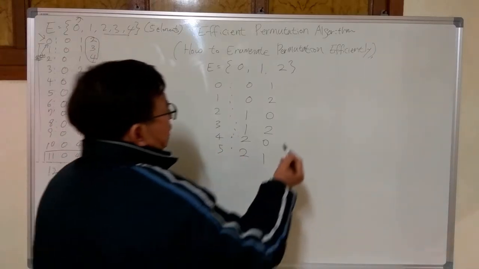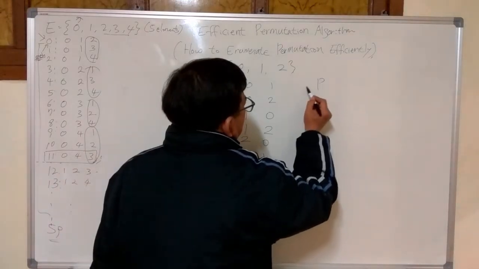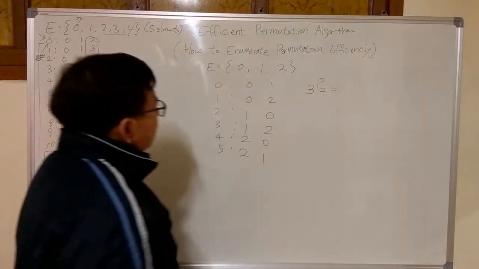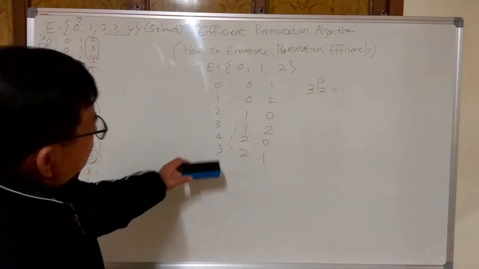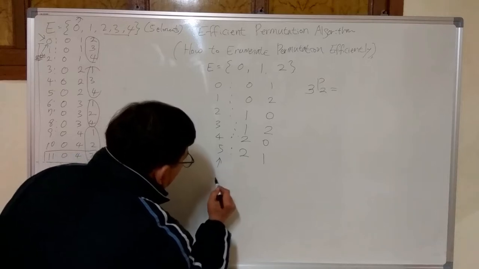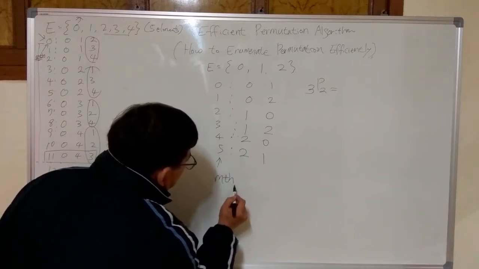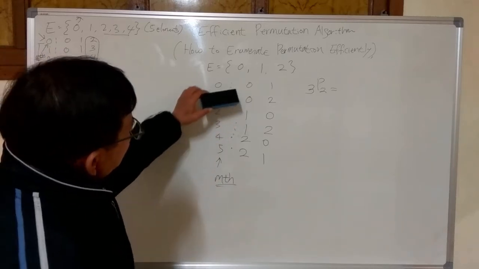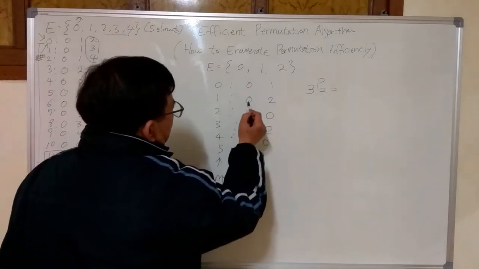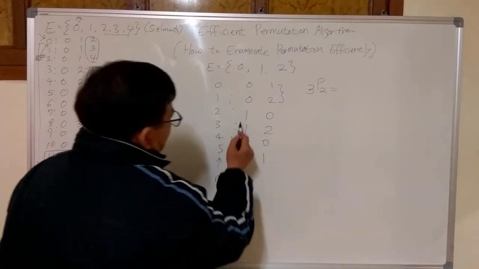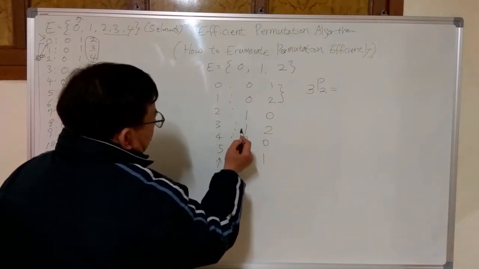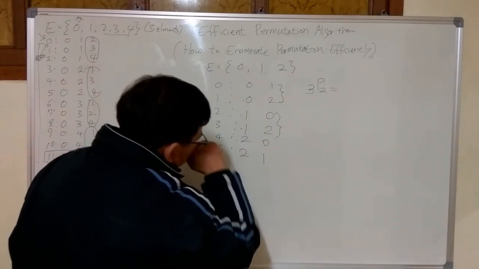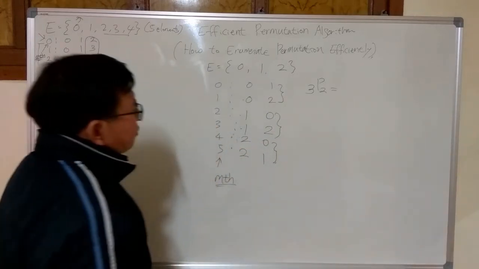What it means is that from 3 elements, we are choosing 2. If we see this, there are 2 zeros, 2 ones, 2 twos, like this.